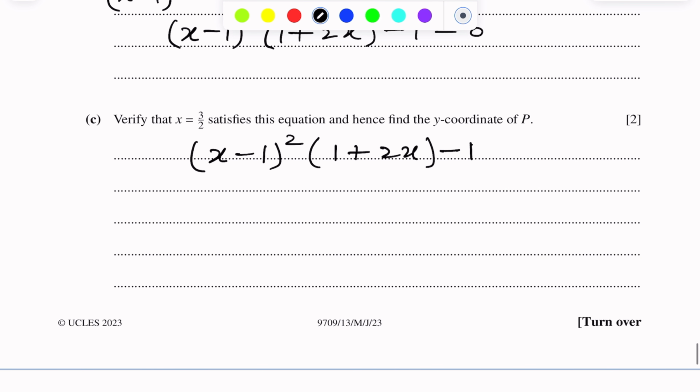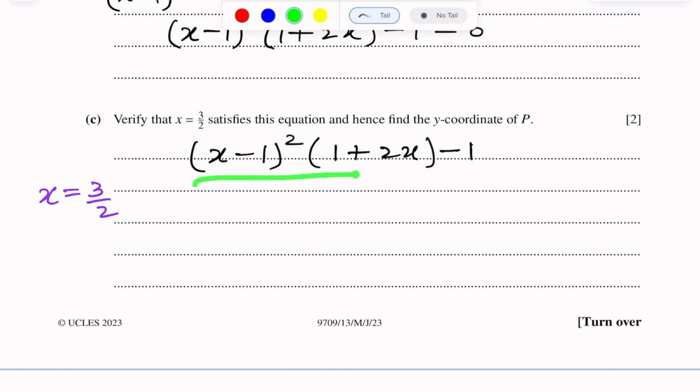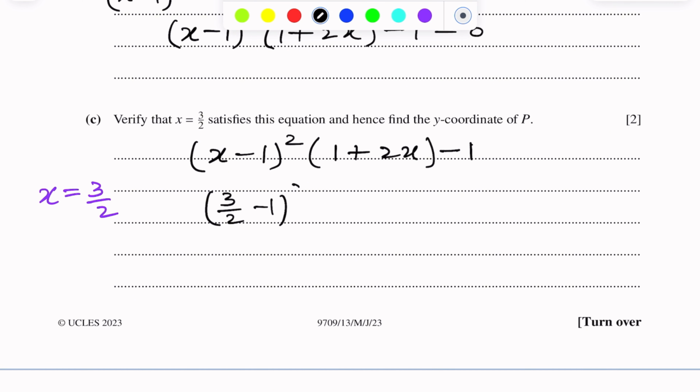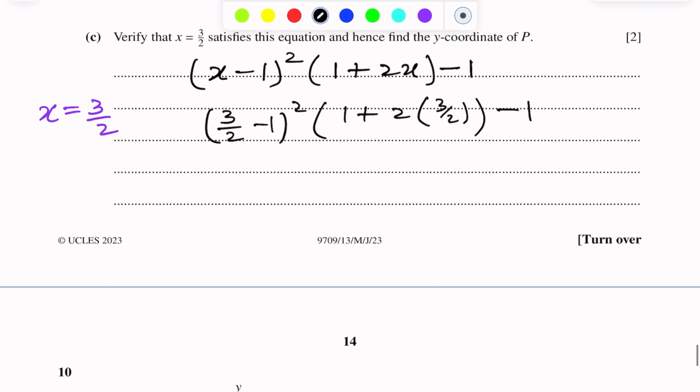So putting x is equal to 3 over 2 here: (3 over 2 minus 1) square into (1 plus 2 into 3 over 2) minus 1.